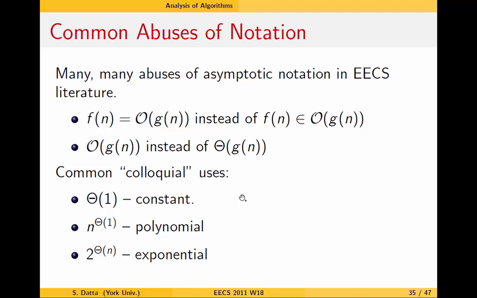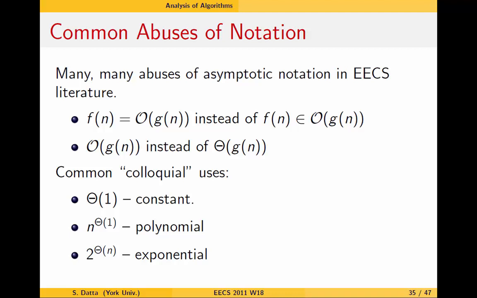Okay, some colloquial uses. Theta 1 we call constant. Now a constant we understand, it's a number, 2, 3, 5.7, pi, right? Theta 1 allows not just constants, but things that are within constants. So usually you'll never have a running time as sine of n, but let's just consider that as a function.